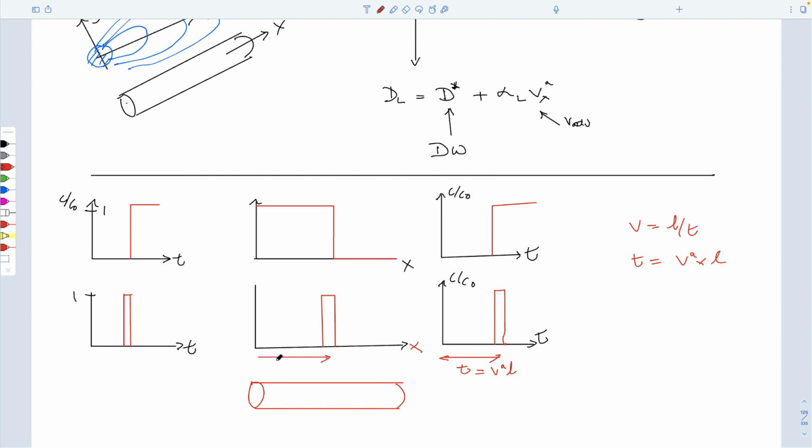This distance to the front would be equal to length being equal to velocity times time.